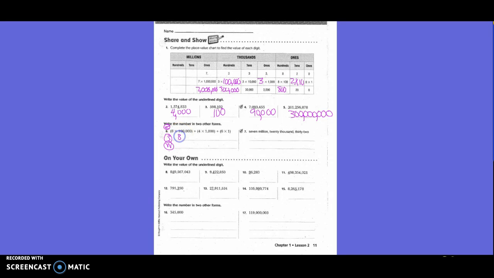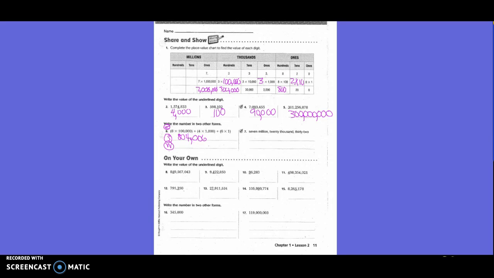Do I have anything in the 10,000s? No, so I put a 0. Do I have something in the thousands place? Yes. What would it be? 4. And then I put my comma, right? Then, do I have anything in my hundreds spot? No, so I put a 0. Do I have anything in my 10 spot? No, so I put a 0. And then do I have anything in my 1 spot? Yes. So I put a 6.